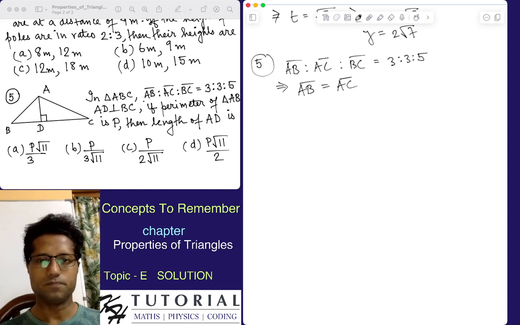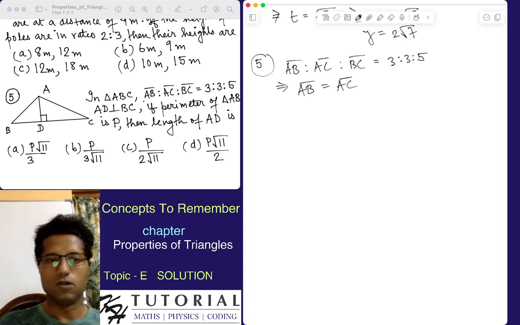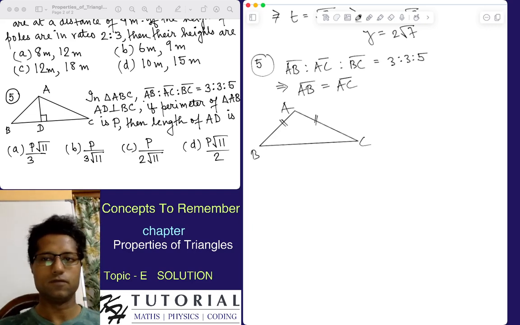Now if AB is equal to AC in triangle ABC, then the angles opposite to the sides will also be same. So angle C will be equal to angle B. So the triangle ABC will be something like this, where AB is equal to AC, because we can clearly see from the ratio the first two terms are same.